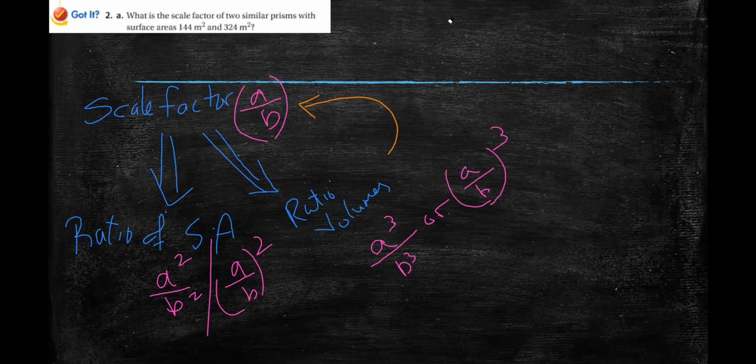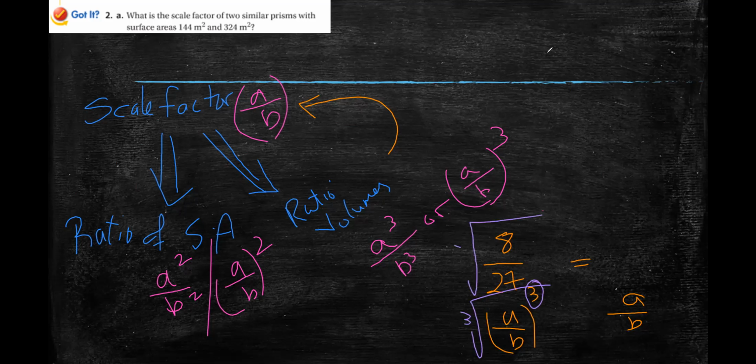Like, if I told you this is 8 over 27, this is the ratio of volume, which is A over B cubed, and I asked you now to write A over B. All of us know that if you want to cancel the cube, put them under the cube root to find A over B. The cube root of 8 is 2, of 27 is 3, so A over B here is 2 over 3. This is the second idea.